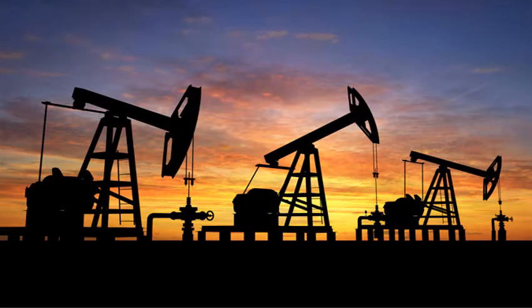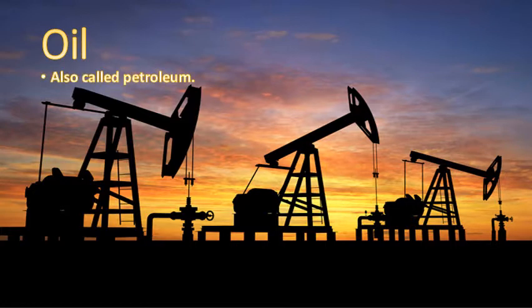The second fossil fuel which we are going to learn now is oil, which is also called petroleum. Okay, oil or petroleum is drilled on the ground or under the sea. We can get it from under the ground and from under the sea.